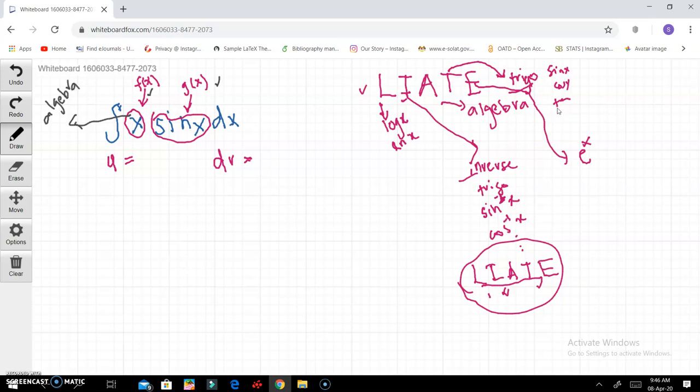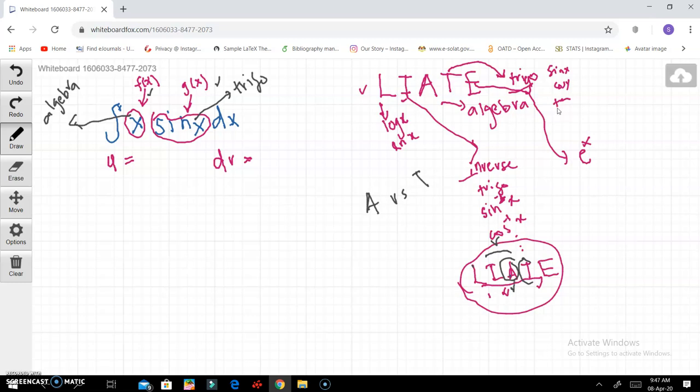Meanwhile, the function sine x here refers to trigo. So right now, algebra versus trigo. If you look into this word, LIATE, algebra comes first before trigo.